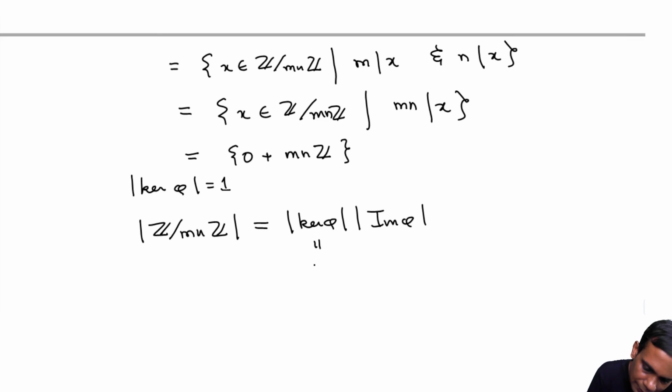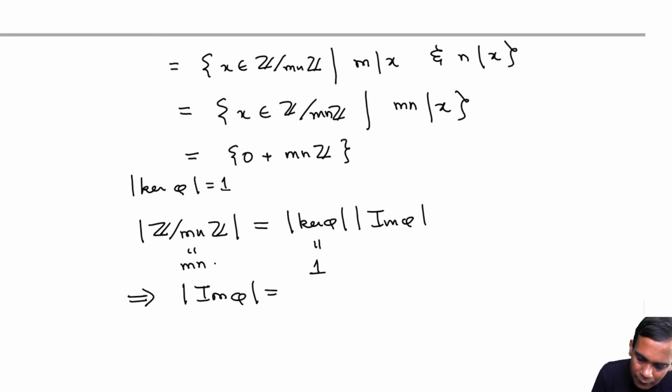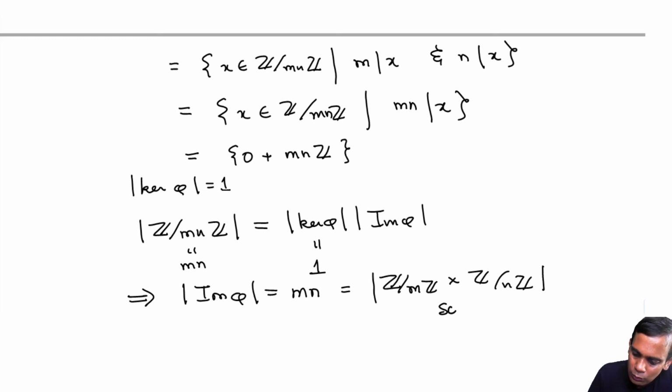But the kernel has size 1, so this implies that the cardinality of the image of phi is mn, which is the total size of Z mod mZ cross Z mod nZ. So phi is surjective.